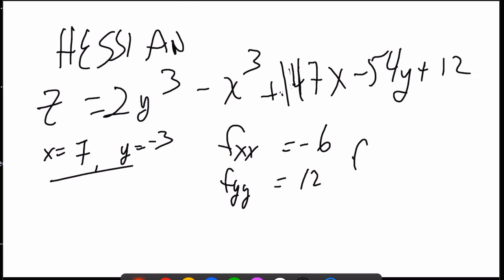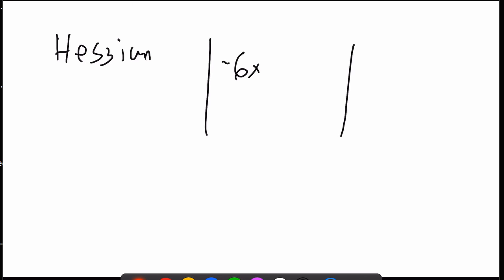And then fxy equaled fyx equals 0. You may remember that. Well, we're going to have a Hessian, right? The other way to look at that is this is minus 6x. This is 12y. Those are both zeros.